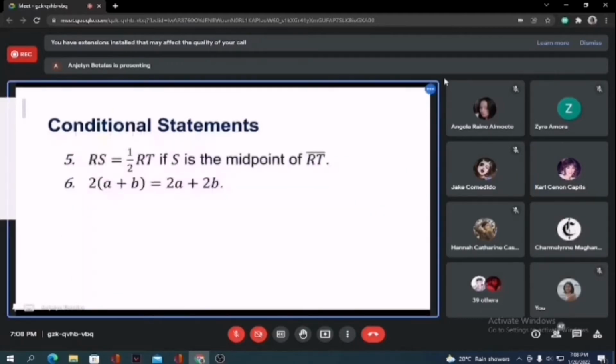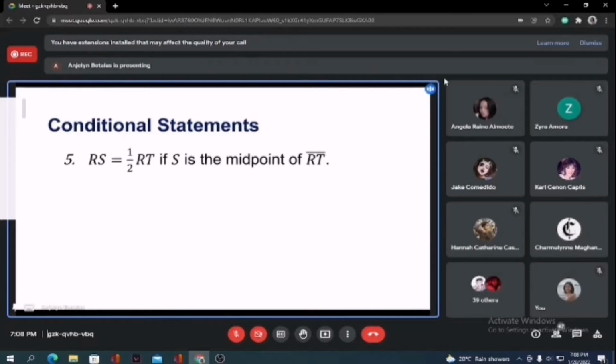Okay, number 5. RS, class. Mean to say, referring to the measurement, specifically the length. When it is an angle, it is measurement, but when it is a segment, we use length.